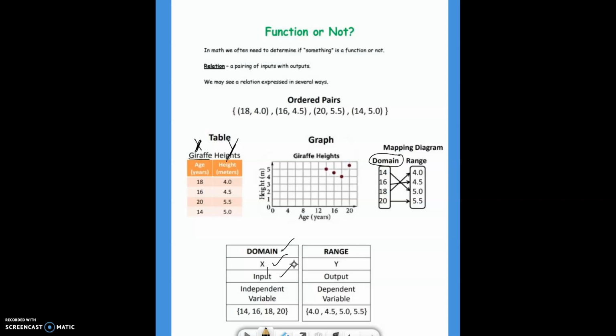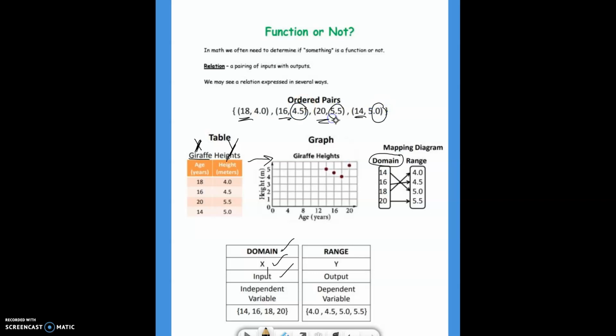Again, all the x values, and you'll notice we put them in numerical order: 14, 16, 18, and 20. Then the range is the output, which is the y value, or the dependent variable. And again, we put the y values in numerical order, from the least to the greatest.